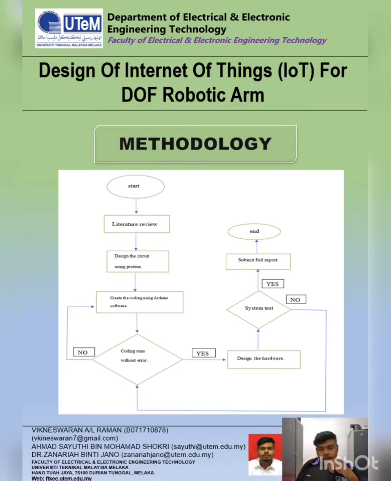Once the coding is okay, we proceed to the hardware design. Once the hardware design is okay, we proceed to the system test. Once the system test is okay, we go to the full report. If the system test fails, we return to the coding section to try to run it without errors.